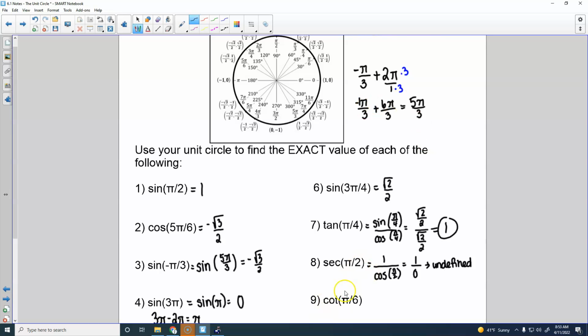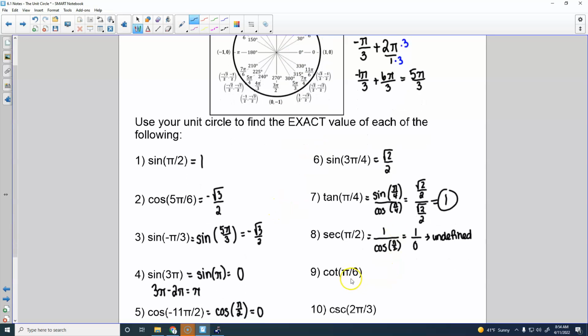But I could change any of these to their degree equivalent. Like if I was doing sine of 3 pi over 4, I could do sine of 135 degrees and I'd get the same answer. But if you're typing in degrees, you need to be in degree mode. If you're typing in radians, you need to be in radian mode. So it makes it a little tricky because there will be some of both whenever you get to test time. You've got to make sure that you're in the right mode.